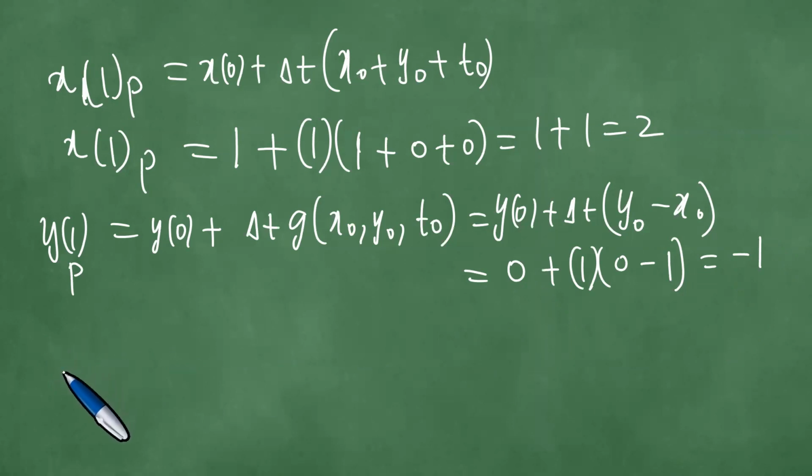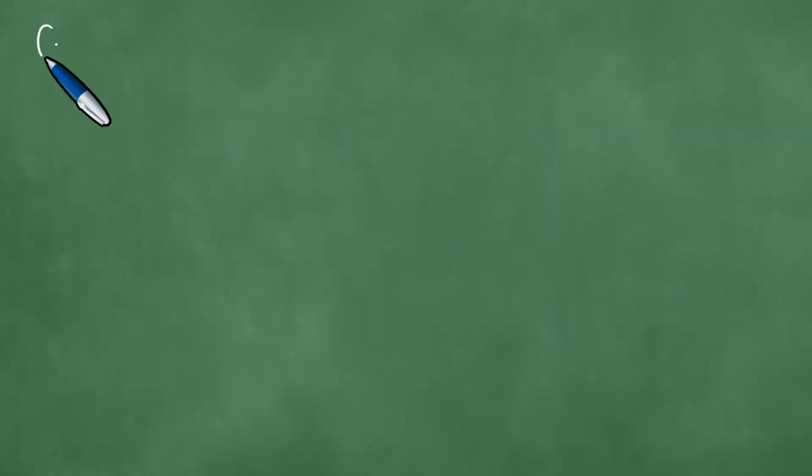Okay, this has just been the predictor, and then the next thing we're going to do is the corrector. The corrector has its own equations as well. They are one step, because at the origin we start from 0 and we just add 1h, like we add 1 delta t.